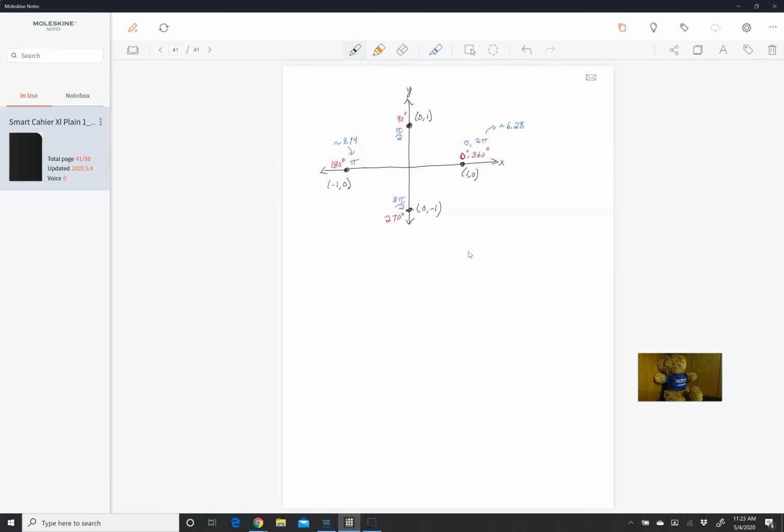And because of that, it makes it much easier to graph. And remembering that our x values are the cosine of the angle and our y values are the sine of the angle, this is what's going to help us graph the different trig functions, okay? So let's go ahead and graph it. Let's start with sine.